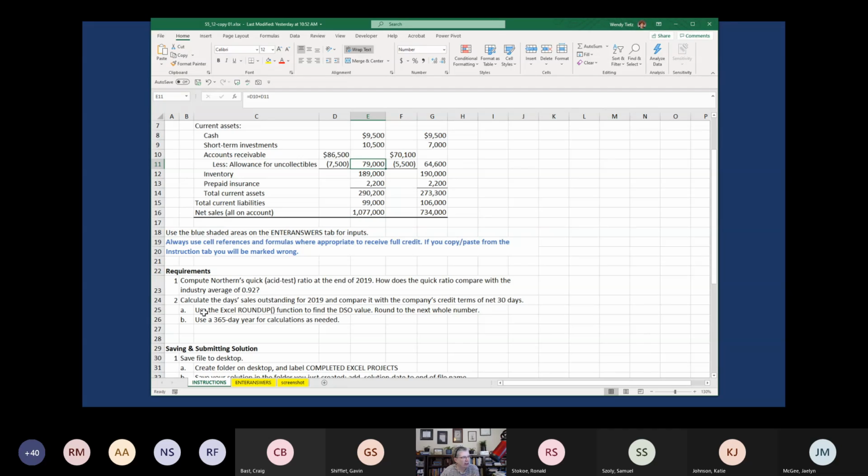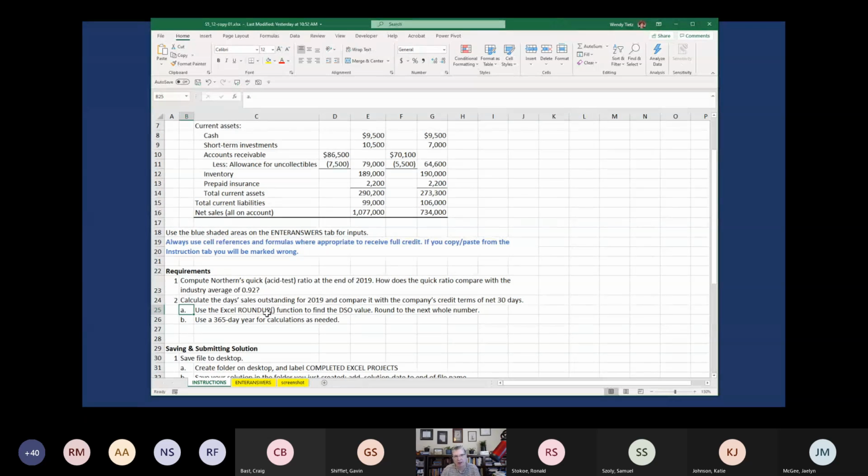Look at this A here. Use the Excel ROUNDUP function and round it to the nearest whole dollar. Round up means what it says, round up. That's a convention; different industries and different ratio analyses deal with things differently.